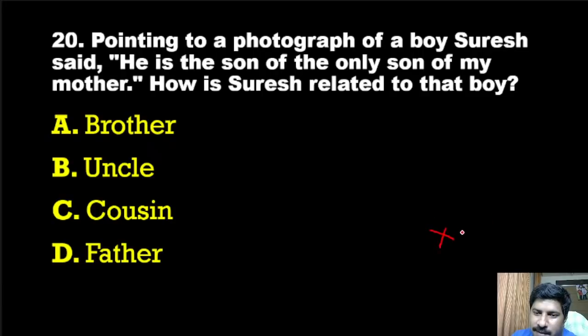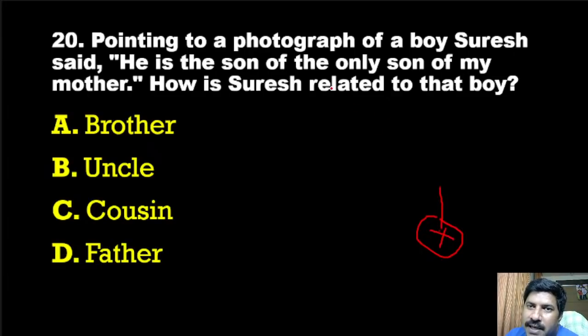So this will be the boy in the picture, and in the question it is telling he is the son of the only son of my mother. Suresh is telling mother's only son, which means Suresh is the only son.